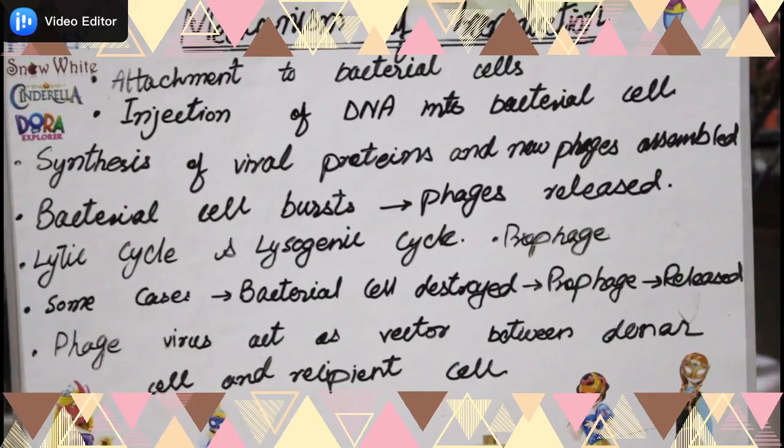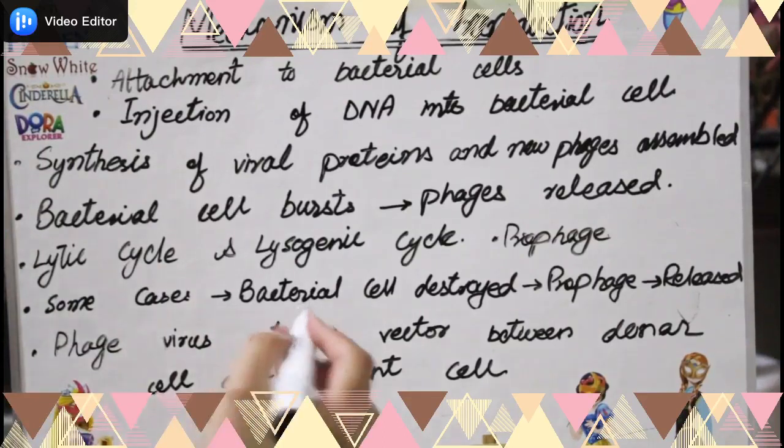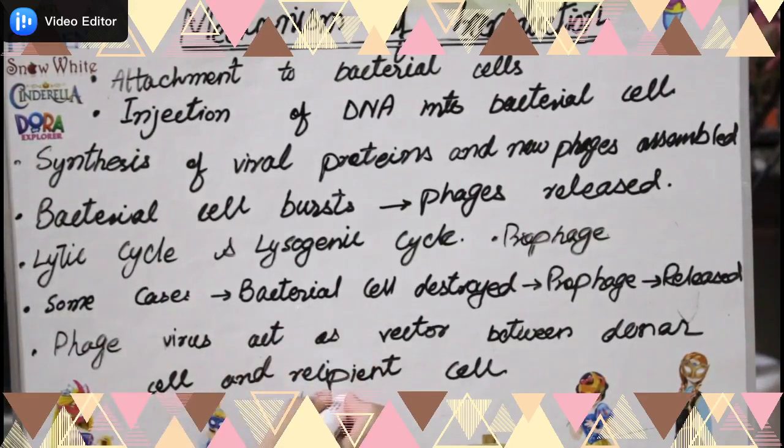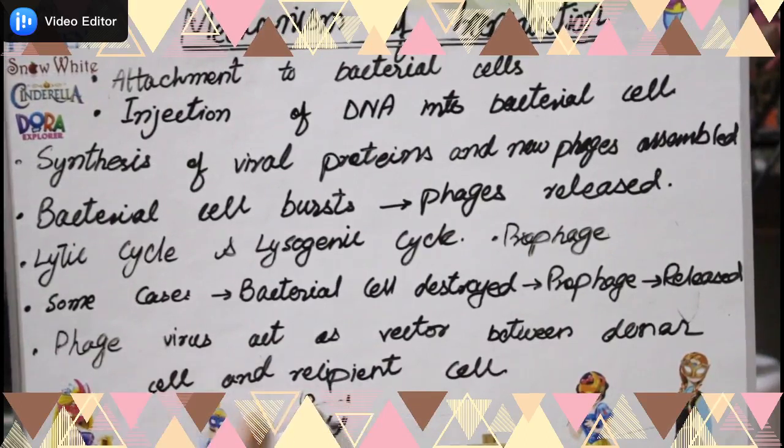Okay, how did they find out about this transduction process? They performed a U-tube experiment, a transduction U-tube experiment. What did they do? They took a U-shaped tube, and in both arms of the U-shaped tube they put bacteria.